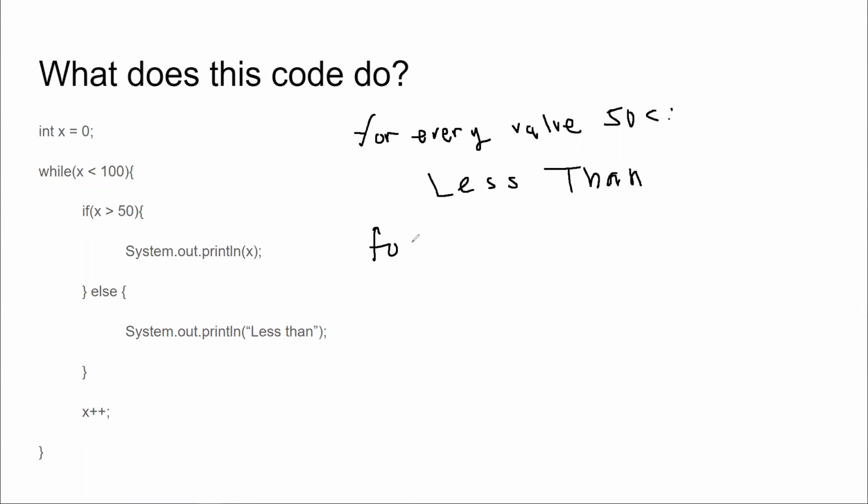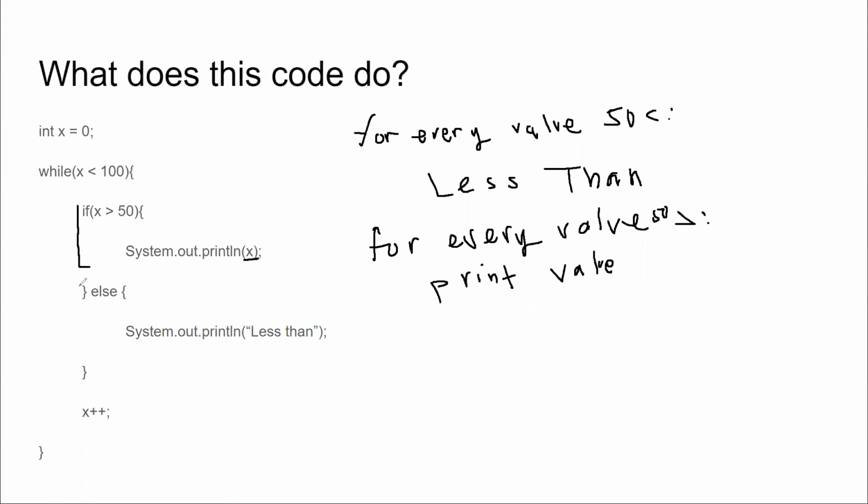And for every value greater than 50, we're going to print that value. So that is the answer. This format's a bit confusing since it goes from the largest value on this side, and this is the smallest value or smaller values. So that's a bit confusing.